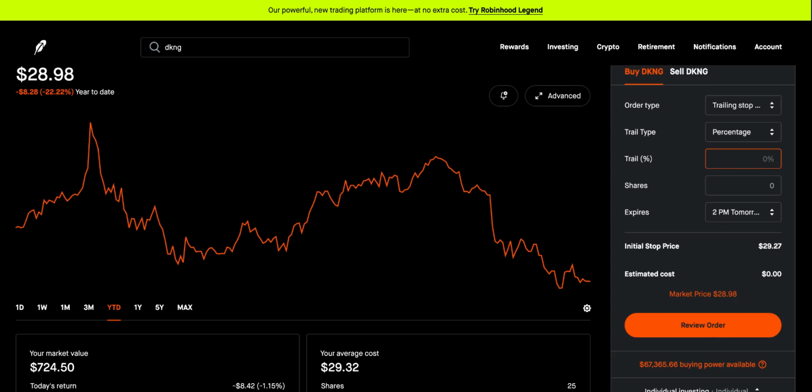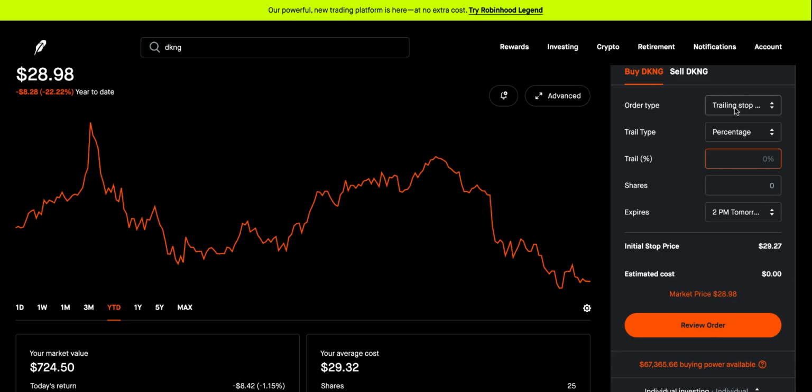And the price climbed all the way up to 24.70 or something like that. And then it kind of dumped, that 1%, which is like 25 cents. And boom, it stopped me out. So instead of getting stopped out at $23, because that's where I was going to sell, I got stopped out at like 24.50. So I ended up making an extra $400-500.